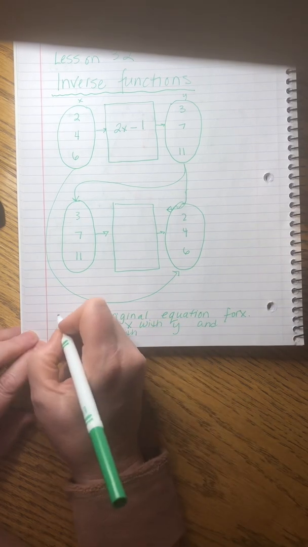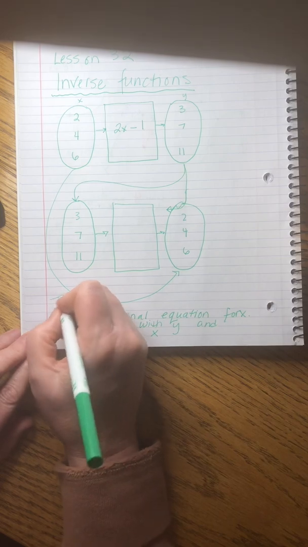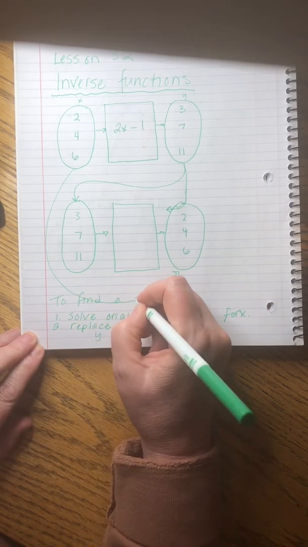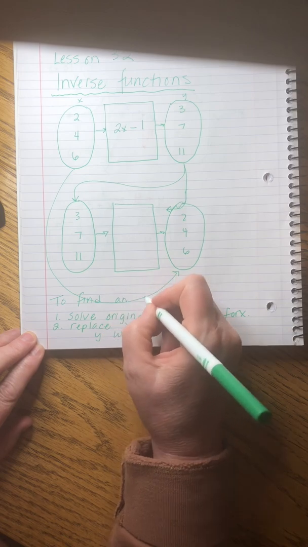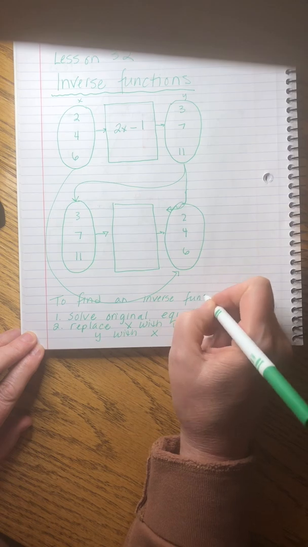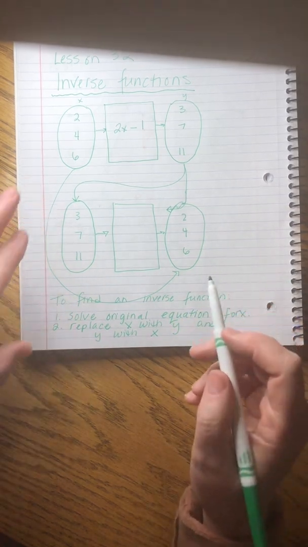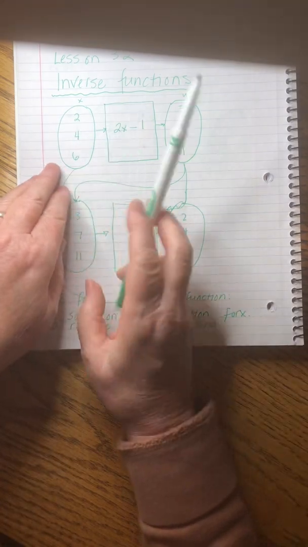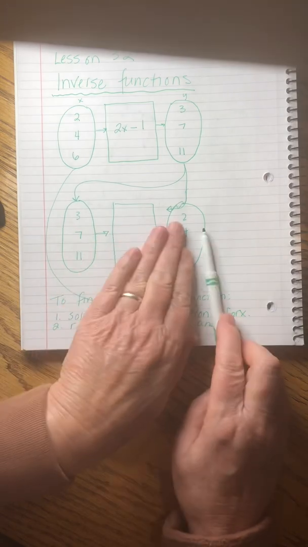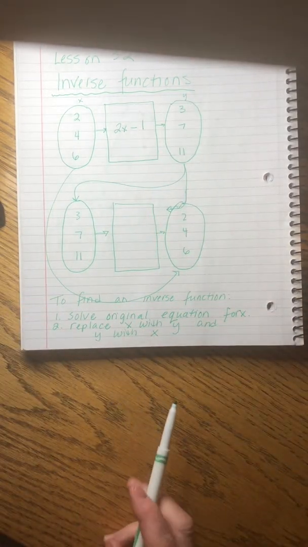Two steps. This is how to find an inverse function. Inverse functions allow you to move in the opposite direction. If you're moving this way, it allows you to take those answers and move back the other way. This idea is going to be important to us in the later part of this lesson.